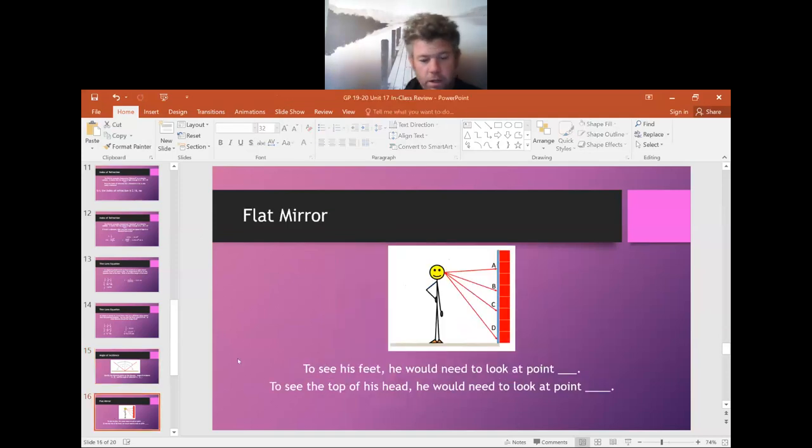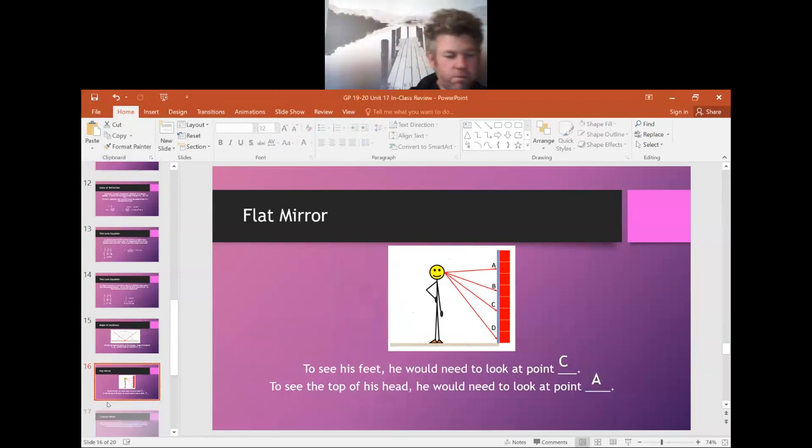All right, to see his feet, Ray would need to look at which point here? He would need to look at, not point B, he would need to look at point C. Point D puts it too low. Point B is about the waist. All right. If we're looking to see the top of his head, then we're looking for point A for this one.